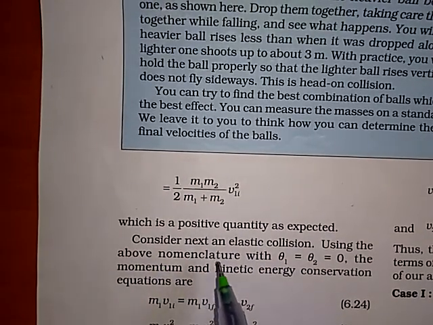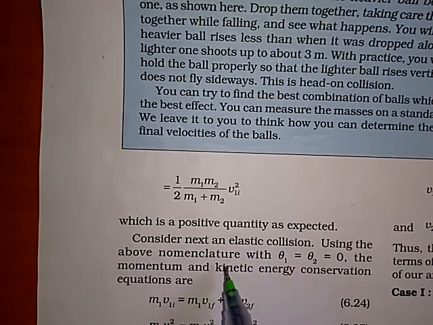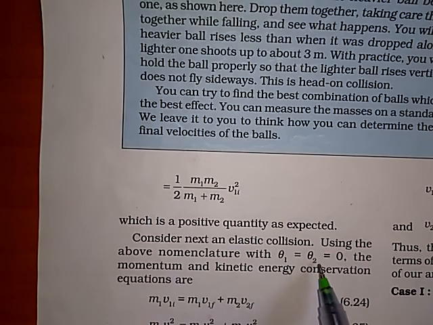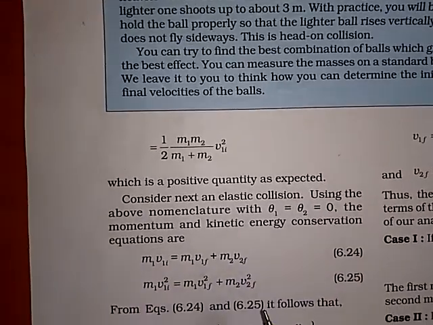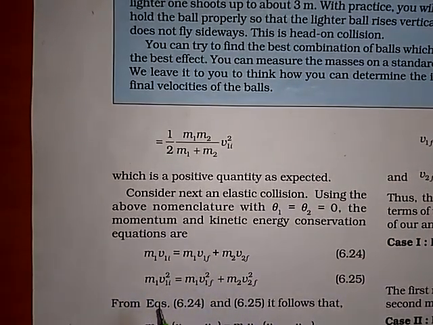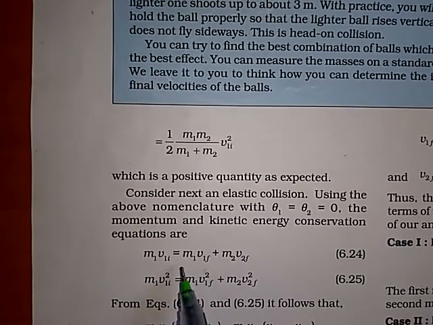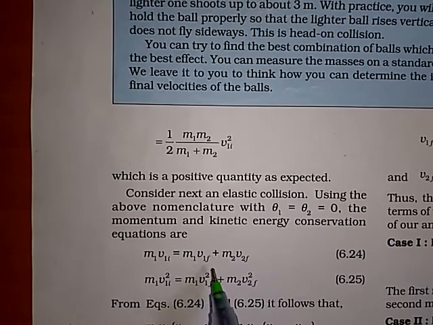Consider next an elastic collision. Using the above nomenclature, with theta 1 equal to theta 2 equal to 0, the momentum and kinetic energy conservation equations are, first, the momentum conservation equation: m1 v1I is equal to m1 v1F plus m2 v2F.